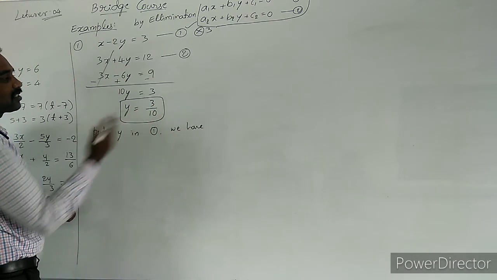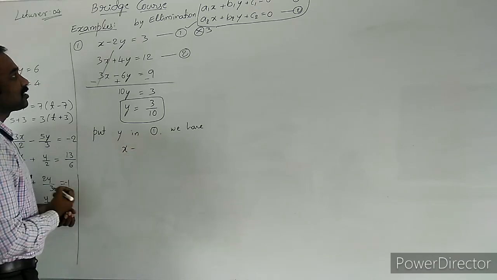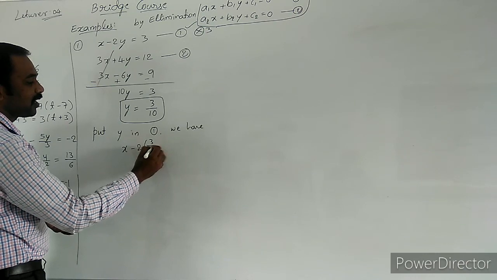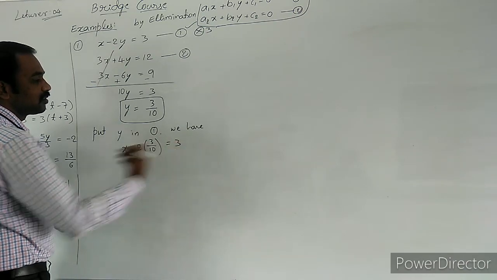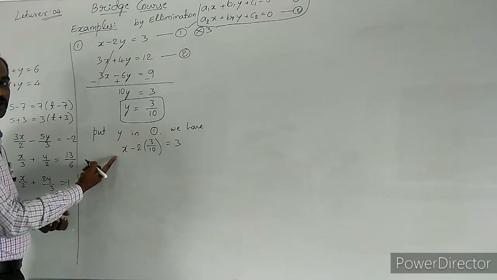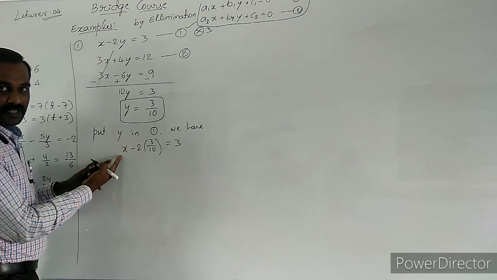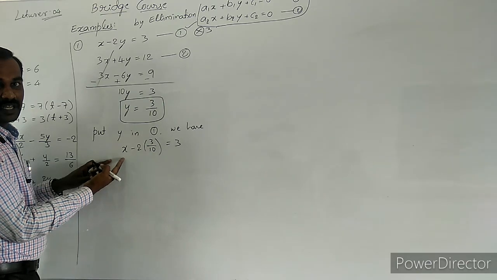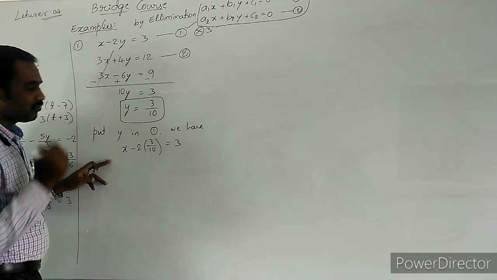Wherever y is there, replace it with 3 by 10: x minus 2 into 3 divided by 10 is equal to 3. Observe this equation. How many variables are there? Only one variable, x, which means a linear equation in one variable.